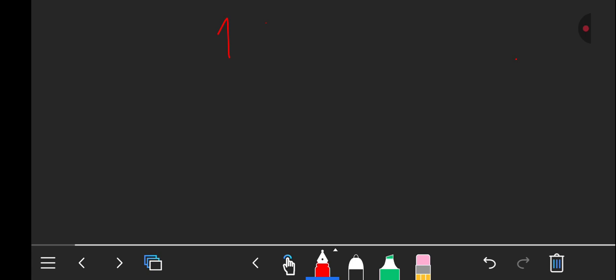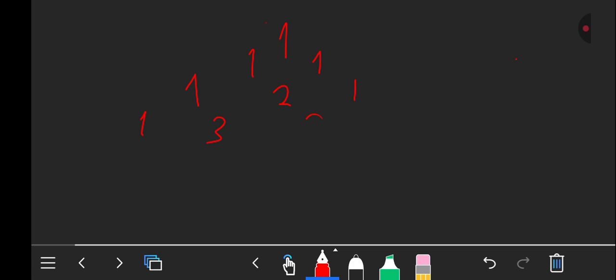So when you have 1, write 1 also at the edges. Then you always start with 1. The next thing you're going to do, you add 1 plus 1, so you get 2. Then you end with 1 again. You always start with 1, you add 1 plus 2, that is 3.